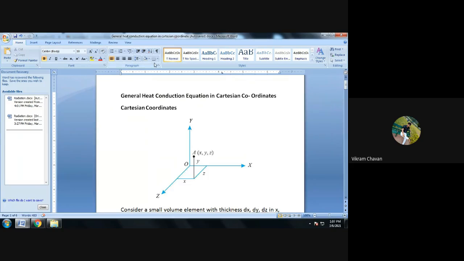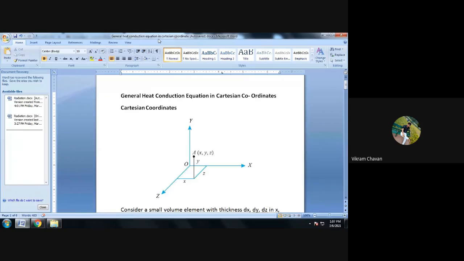Okay, so in the last lecture, up till now, we have discussed the three modes of heat transfer, that is nothing but conduction, convection, and radiation. Then we have also discussed the laws related to these three particular heat transfer modes.